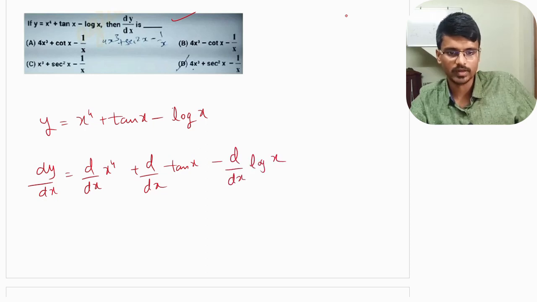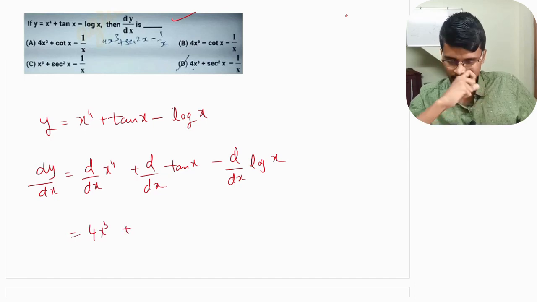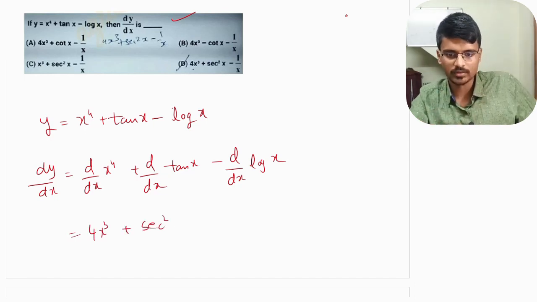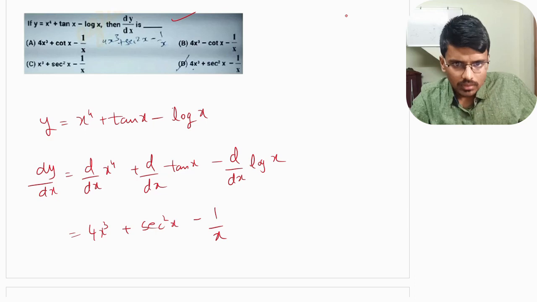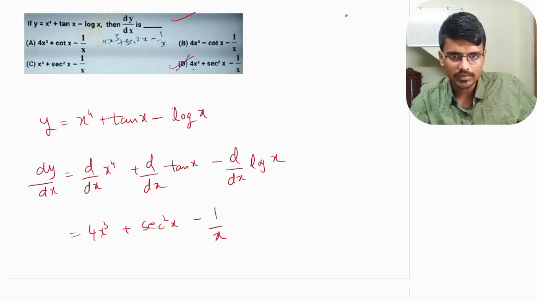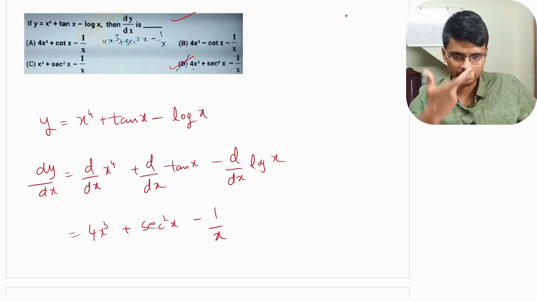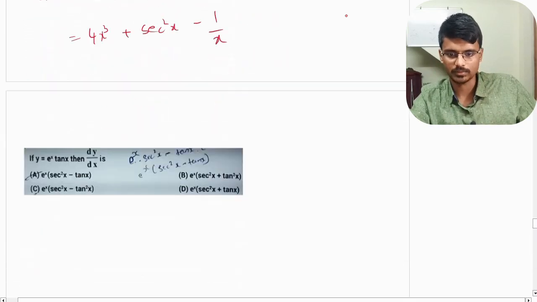Simple, very easy. Differentiation of x power 4 is 4x cube. Differentiation of tan x is sec square x. Differentiation of log x is 1 by x. Which is the correct answer? So yeah, the correct answer is option D. Okay, simple stuff.